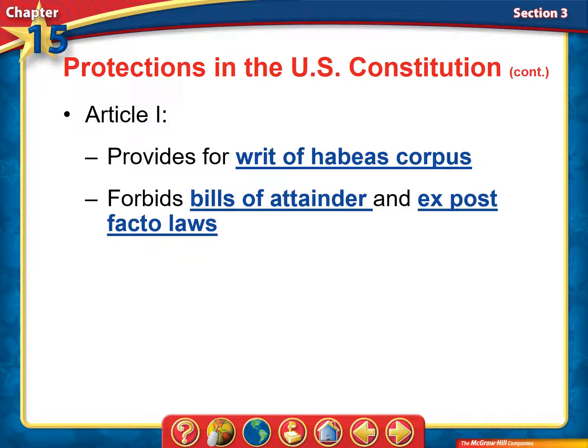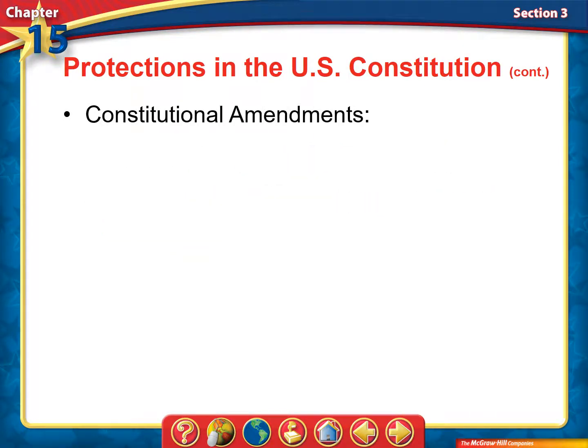Now, which amendments are we talking about? Of course, the first 10, the Bill of Rights, deal very specifically with the rights of the accused.